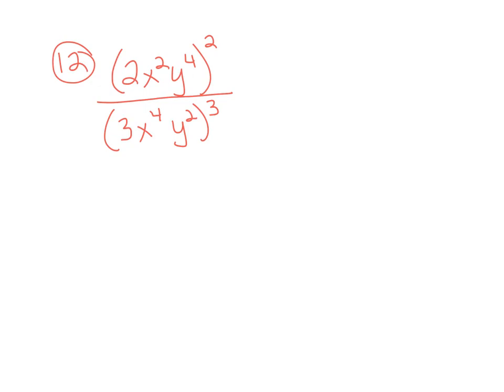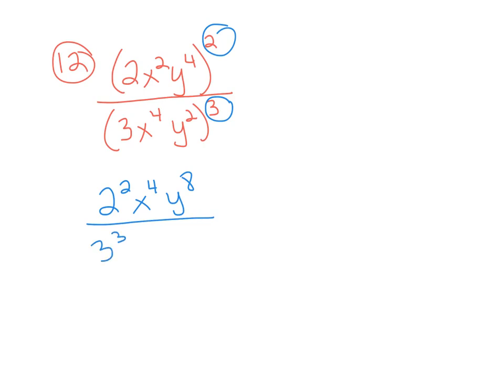Okay, so now I have to do the top to the squared, bottom cubed. So here's what I have. Ready? 2 squared. X to the fourth, y to the eighth, over 3 cubed. X to the 12th, y to the 6th.